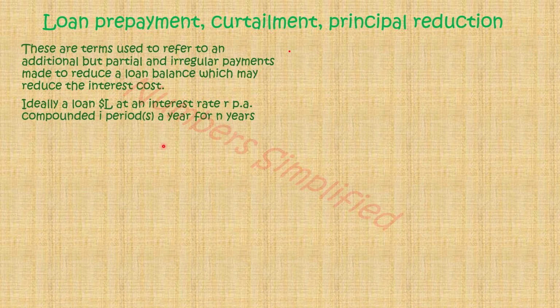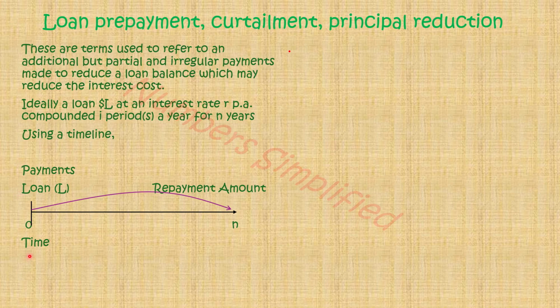If we represent that using a timeline, at time zero you get a loan worth L dollars, and then you are expected to repay the loan after N years. So there is a process of repayment. After N years, the loan's value will be worth something simply because it would comprise the interest.